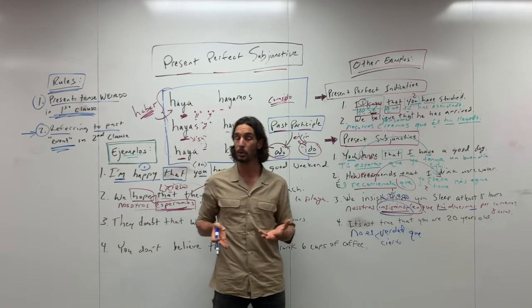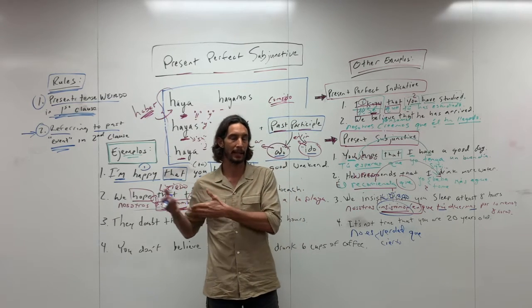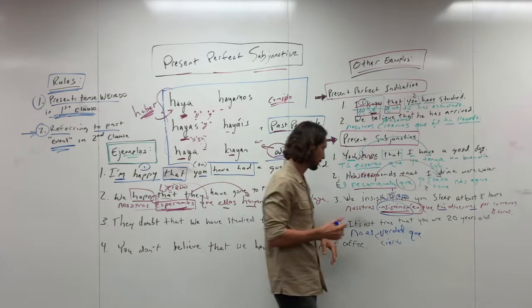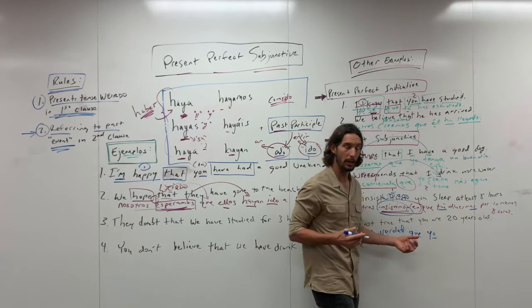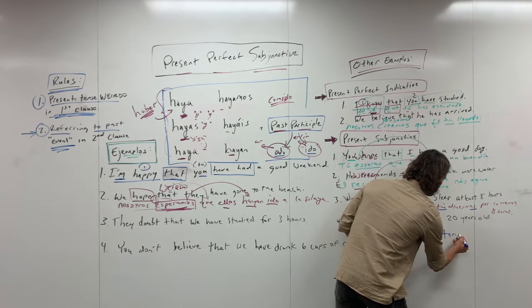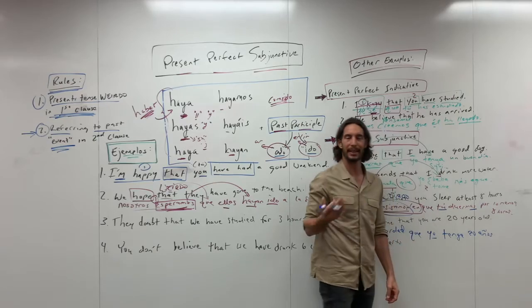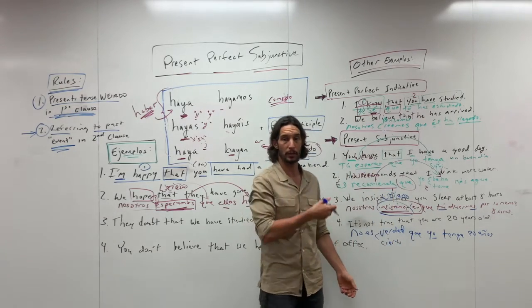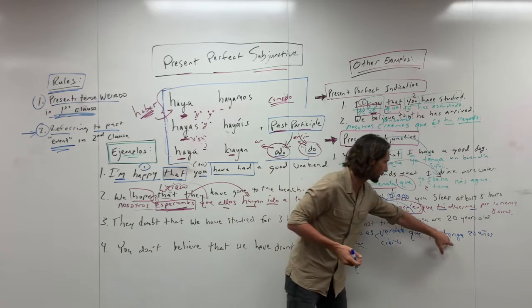Now in Spanish, as you all know, to be an age is tener 20 años, for example, in this case. So, no es cierto que yo, subject of this clause, tenga 20 años. You can say 20 años de edad if you want, or you could just say 20 años. No es verdad que yo tenga 20 años.